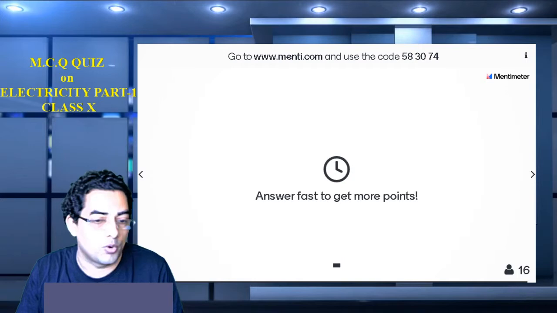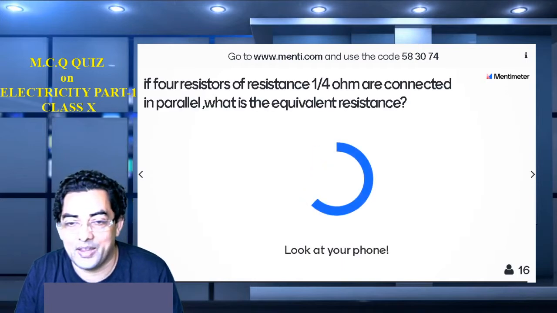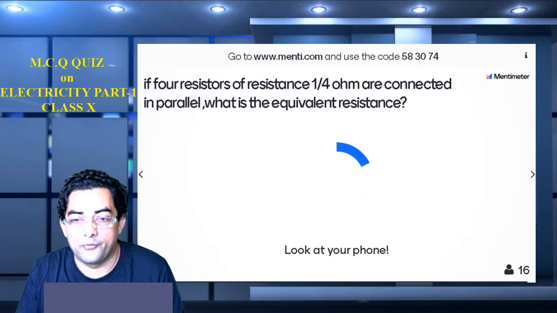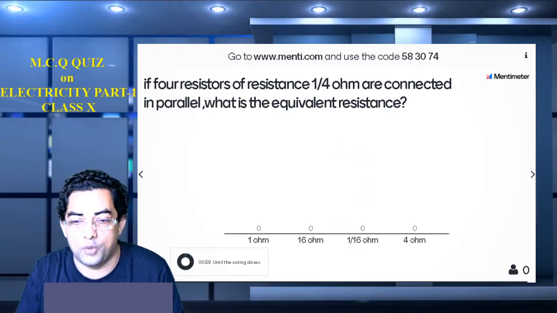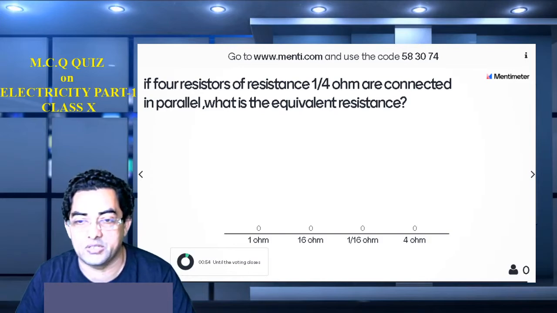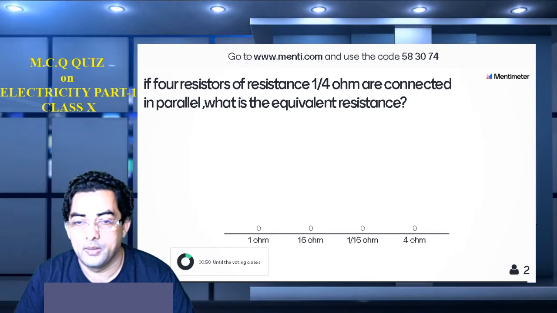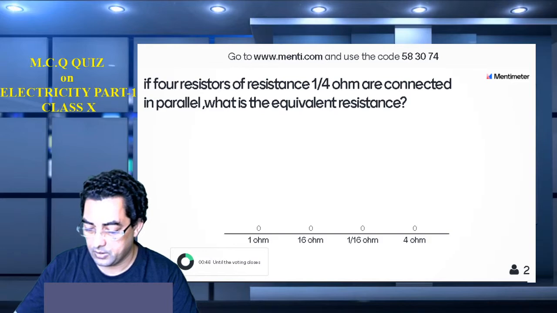We have got one more quiz waiting, with standard 9, right? I hope this is the last one. If 4 resistors of resistance 1 over 4 ohms are connected in parallel, what is the equivalent resistance? Come on, guys.